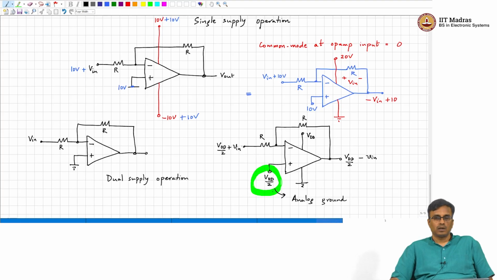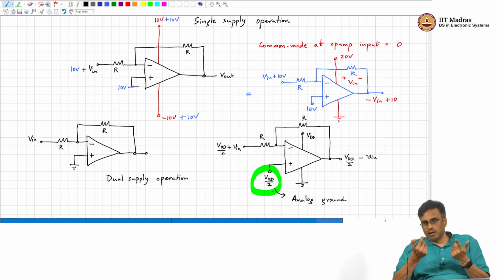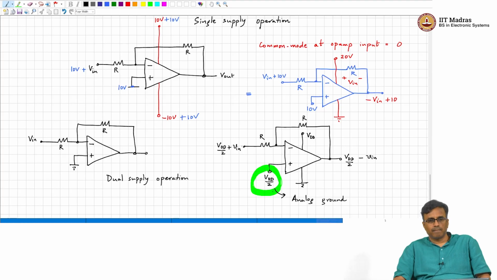Just like how, when we had dual supply operation, the middle of the supply range was ground, correct. Now, this VDD by 2 is playing the role of the middle of the supply rail, because half of the positive rail plus half of the negative rail is VDD by 2. Is that clear?